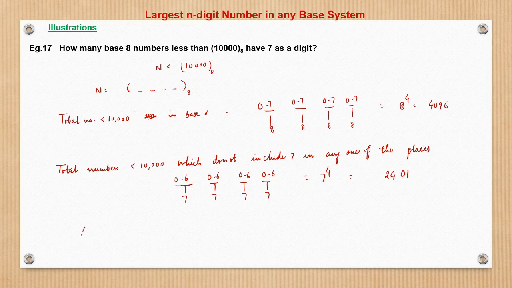So the answer is 4096 minus 2401. We found the total number of cases, then subtracted the cases which do not include 7 to get those less than 10,000 that have at least one 7. So the answer is 1695.